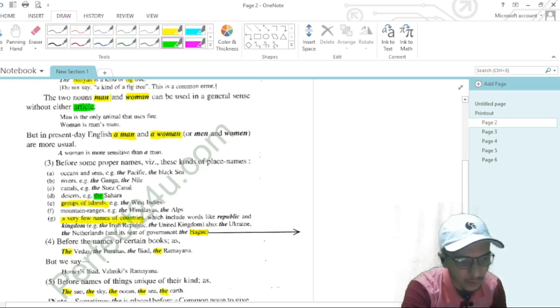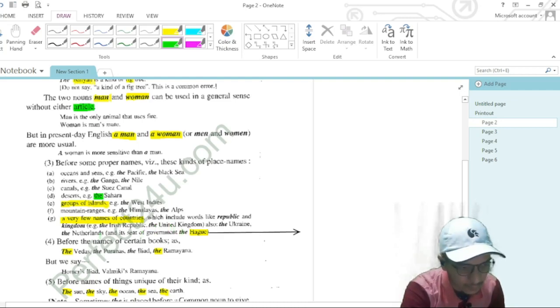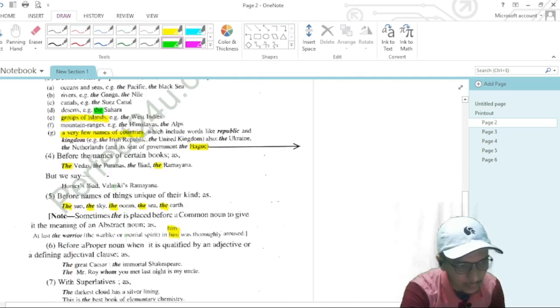There are a very few names of countries which include words like republic and kingdom, for example the Irish Republic, the United Kingdom, the Netherlands.